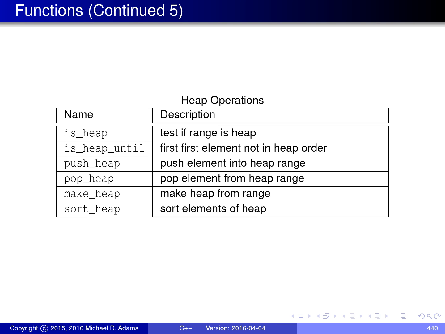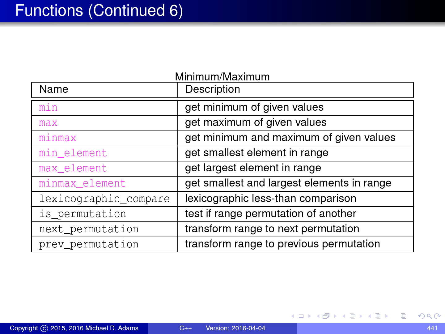Heaps are useful in a lot of different types of algorithms. The standard library also has some algorithms or functions which relate to minimum and maximum values. So for example, the min, max, and minmax functions return the minimum, maximum, and both the minimum and maximum of some given values. Min element, max element, and minmax element get the smallest, largest, and both the smallest and largest elements in a range.